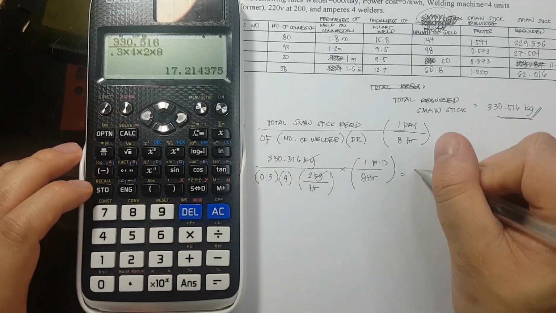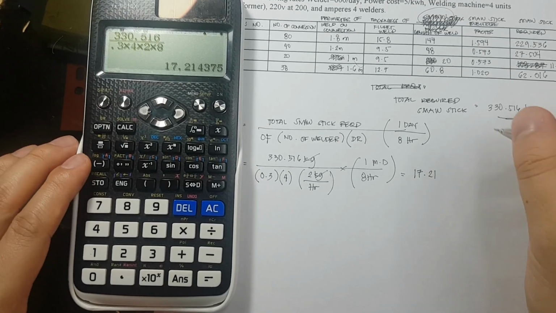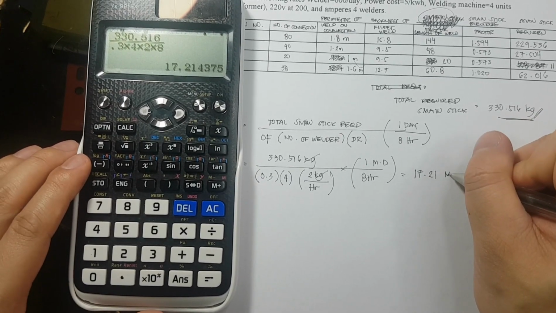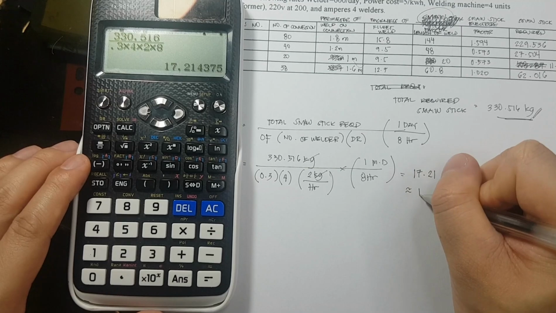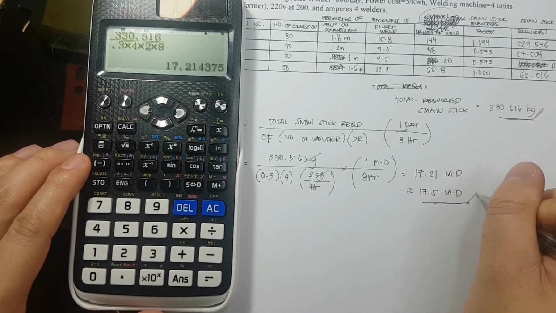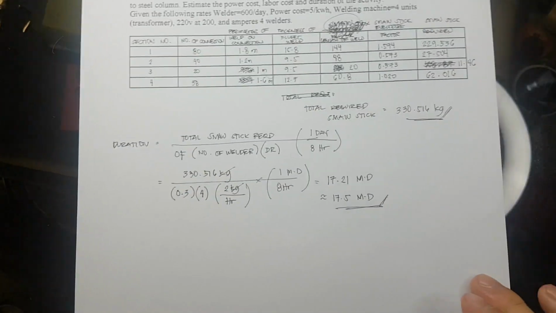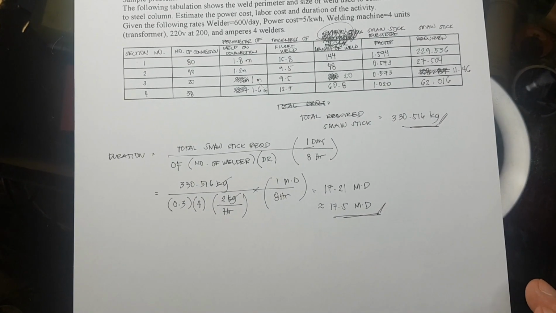And that is equivalent to 17.21 man day. So that is equivalent to 17.5 man day. So 17.5 days yung magiging time ng ating welding.